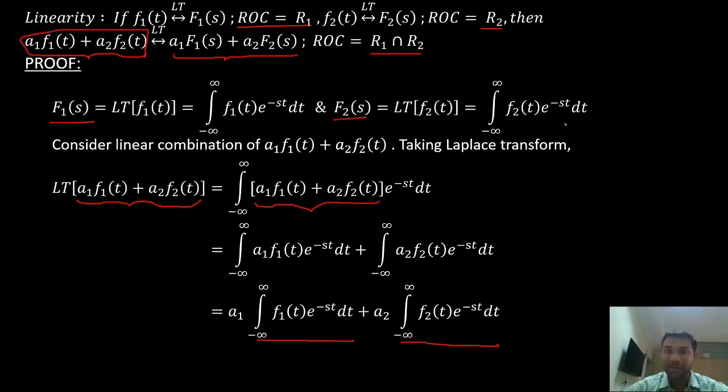From the definition of Laplace transform, we know the first integral is f1 of s and the second integral is f2 of s. So replace those integrals with f1 and f2 of s. This is what we have. So we have proved the linearity property of Laplace transform, right? So that is linearity property.